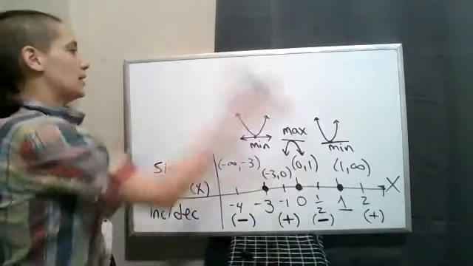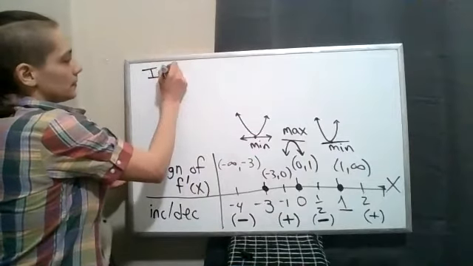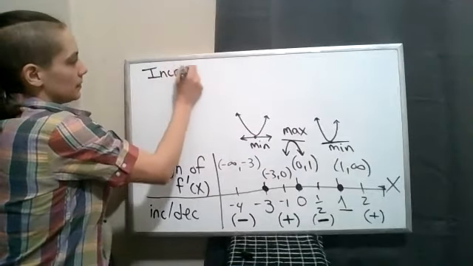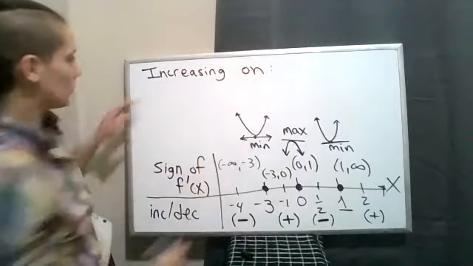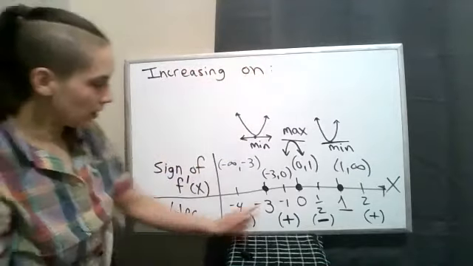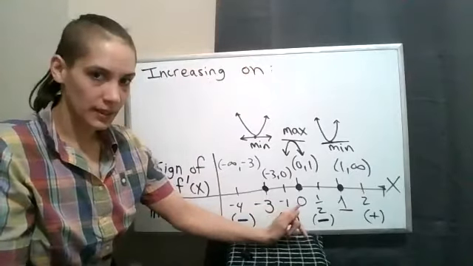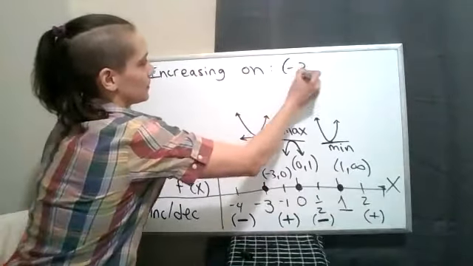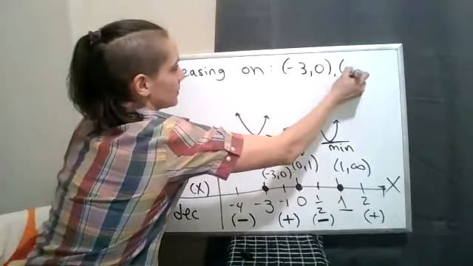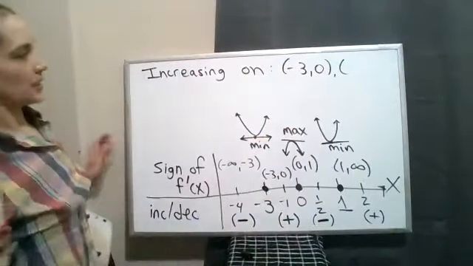So increasing from -3 to 0 and 1 to infinity. Let's make it separate.